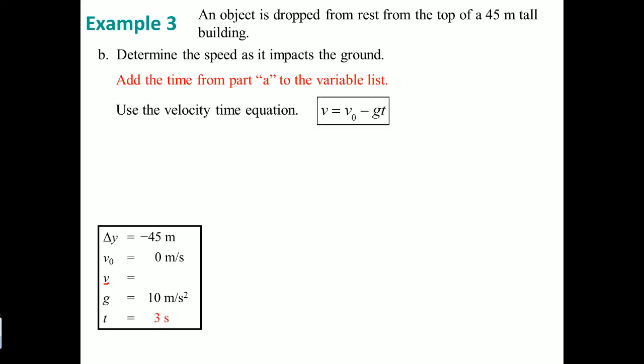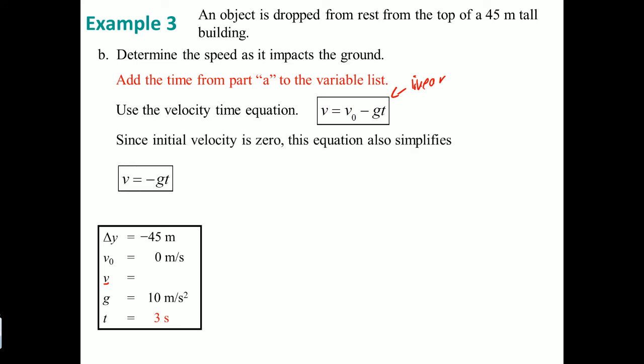Now, it says determine the speed in which it hits the ground. That is your v here. But we know that our time was 3 seconds from the prior question. Using your simple equation. This equation, which is your linear equation, is always beautiful and easier, but please understand you will need time to do this one. But you know that v naught equals to 0 because it says it here, it drops from rest.